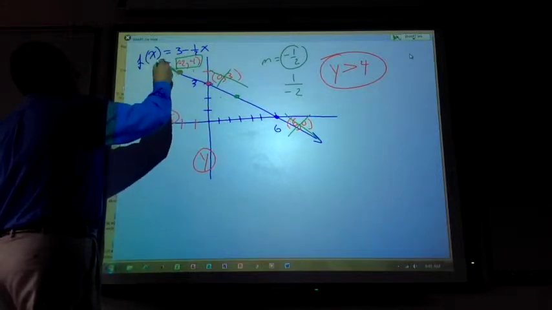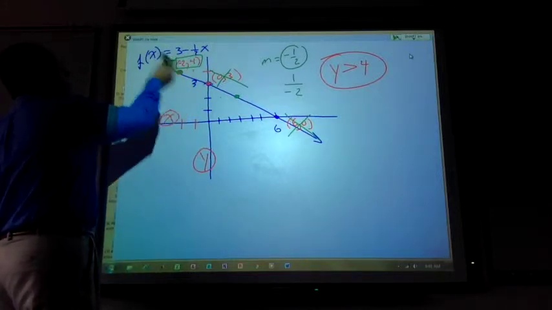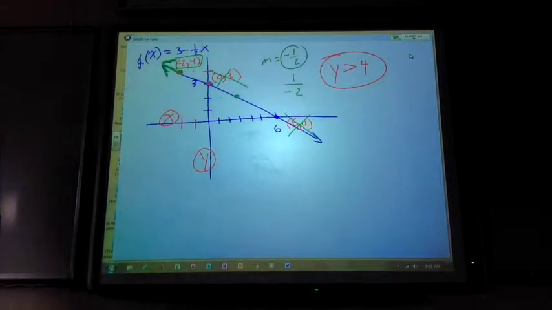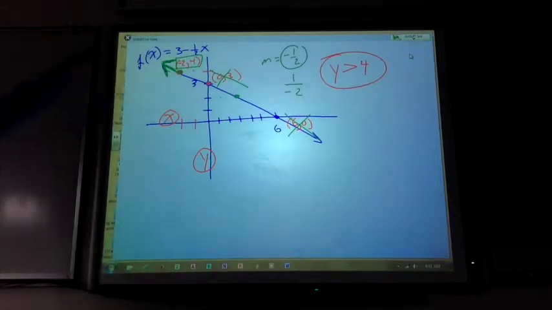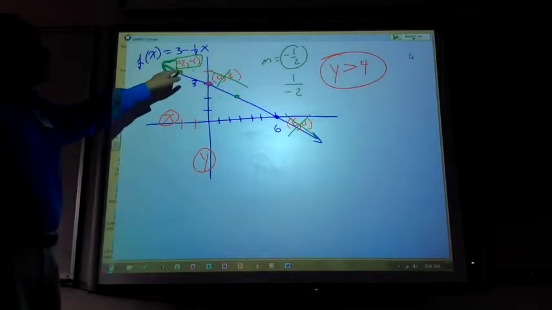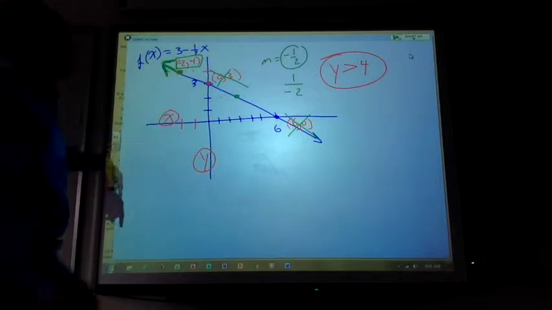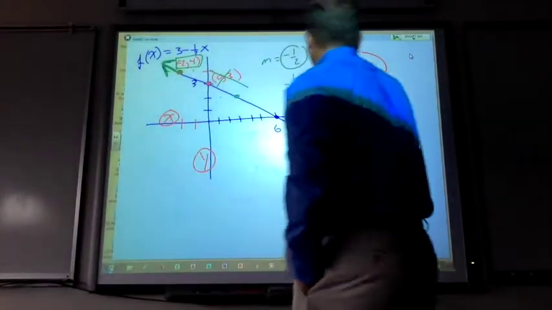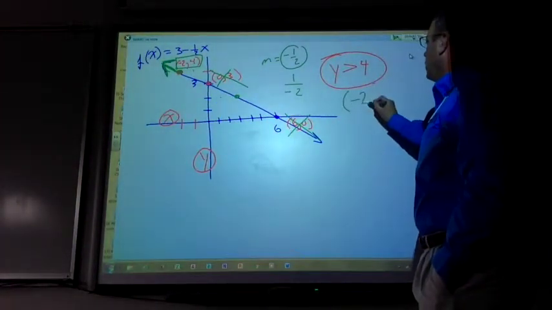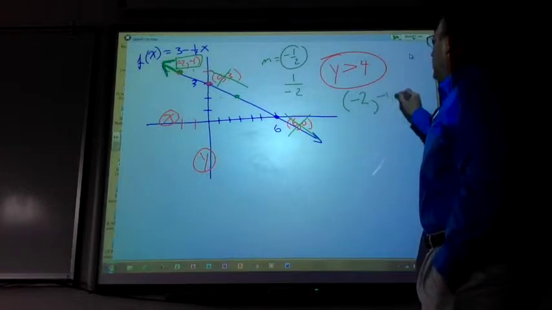Negative 4, 5. That arrow means it's going forever. Do you agree? Yeah. Being that it's going forever up there, it isn't going to start changing directions as I get out there. So from here to the left, it's going to be a larger value than 4. So this is going to be larger than 4, starting at negative 2 and going to negative infinity.